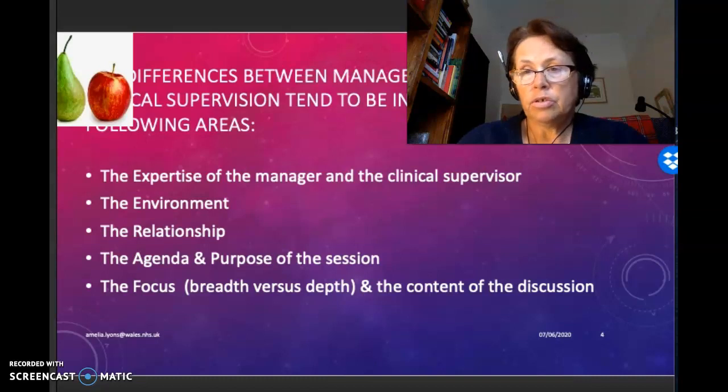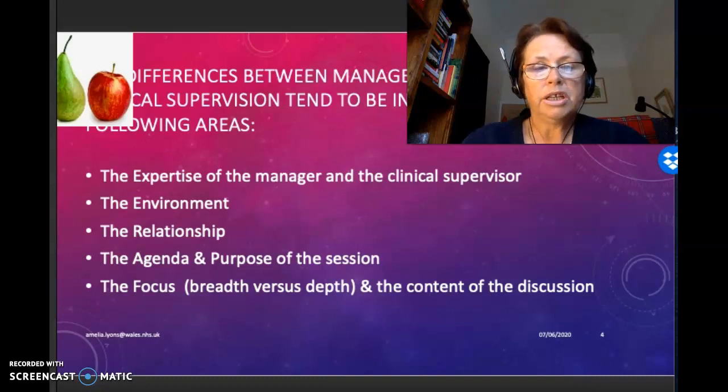With clinical supervision, on the other hand, your environment is quiet, the pace is slower, it's about slowing down rather than hurrying up. The process is slowed right down really to examine something carefully and in depth.